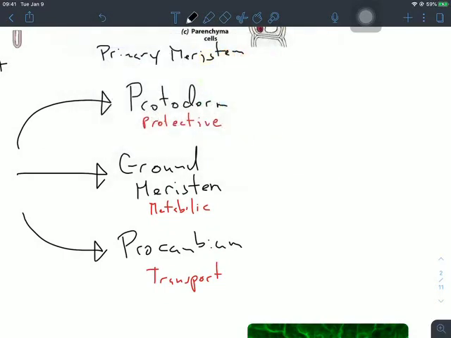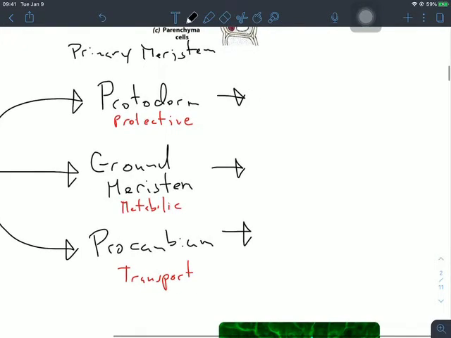Now, in terms of differentiation when they reach their final forms, these also have names. The protoderm will specialize into the epidermis system. The ground meristem will very conveniently specialize into ground tissue.